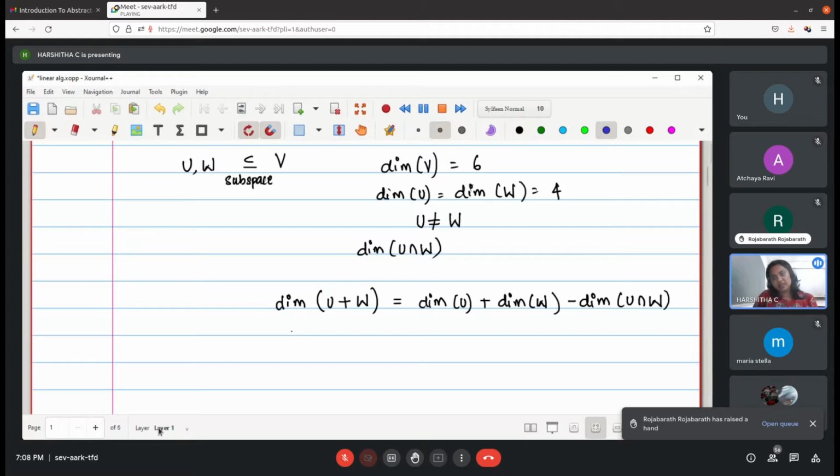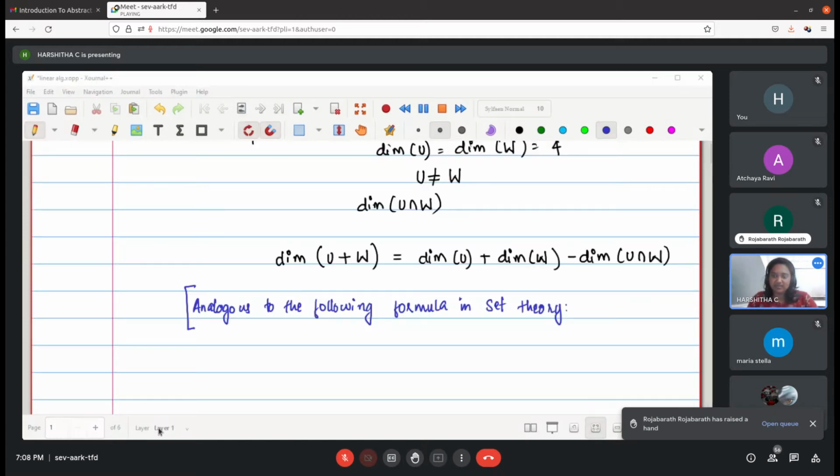Does anybody remember some formula in set theory which looks somewhat like this? No, or too basic. Okay.